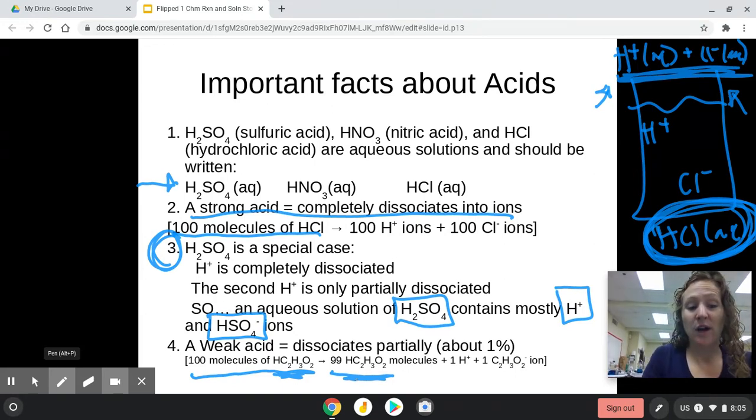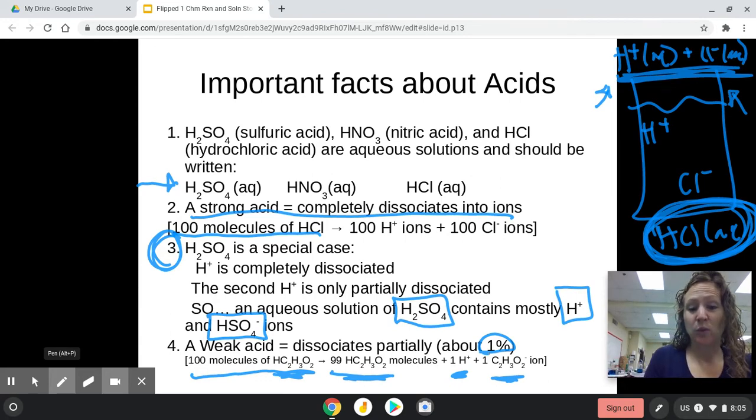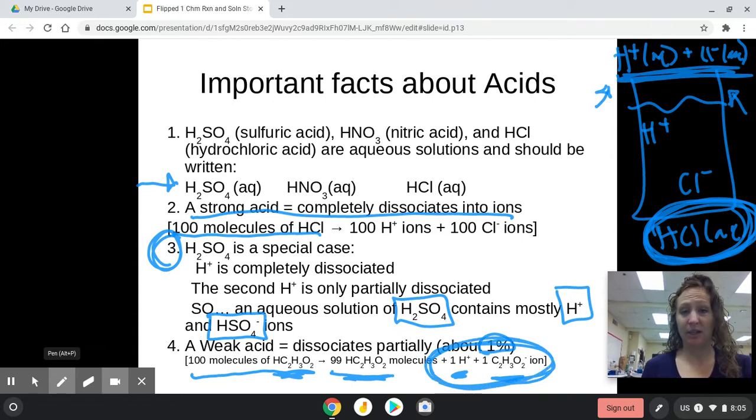And then that one molecule that you're missing has dissociated into hydrogen and acetate, or hydrogen and its anion. So this would be a weak acid. About 1% or maybe even less than that actually dissociates, which is why, check it out, you don't have very many ions in this one, right? So a weak acid would not be considered to be a strong electrolyte.